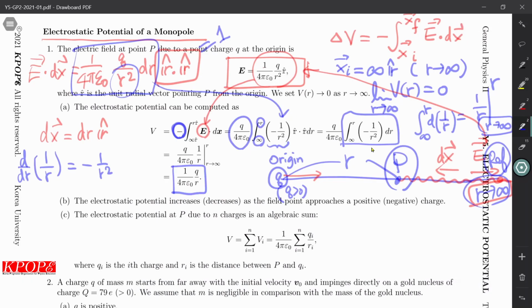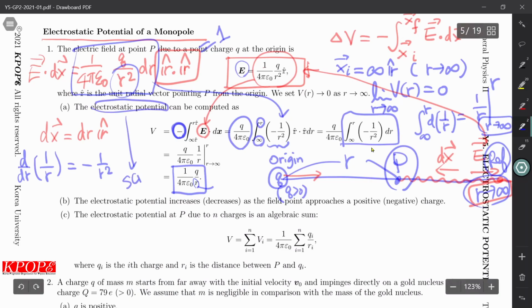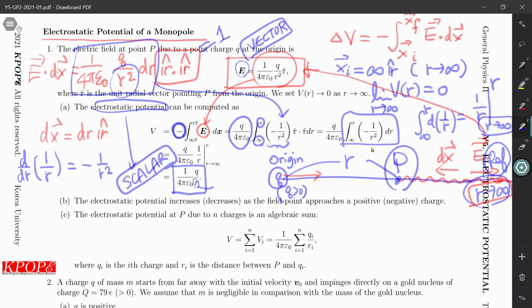So the electrostatic potential V has the same form as the electric field, except that the power is 1 over r instead of 1 over r squared. In addition, electrostatic potential is a scalar, while the electric field is a vector. So the scalar is easier than the vector to treat.